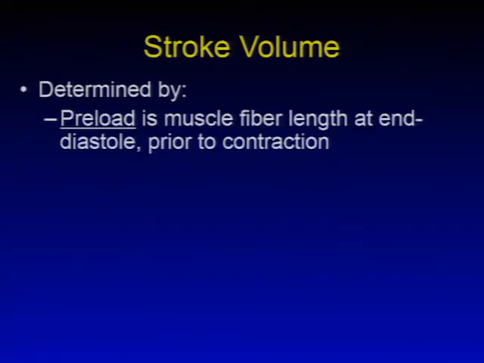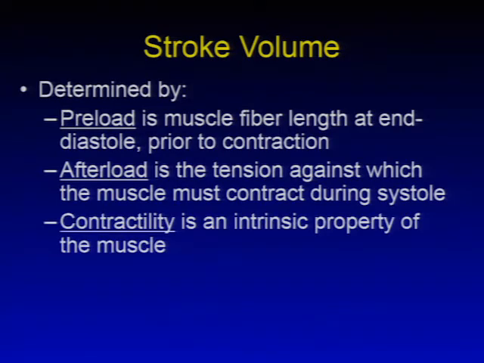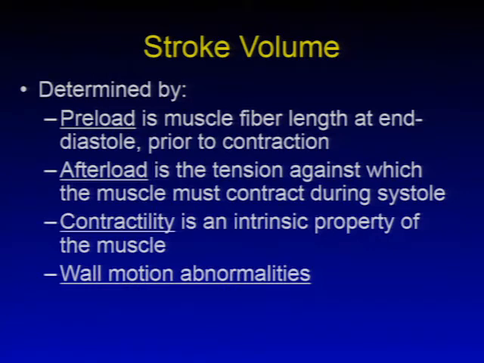So stroke volume, as I noted, is dependent on filling or preload. Preload in its purest form is described as muscle fiber length at the end of diastole, while afterload is the tension against which the muscle must contract during systole. Contractility is an intrinsic property of the muscle itself, or its ability to shorten during systole.